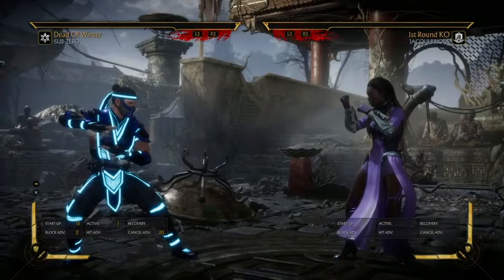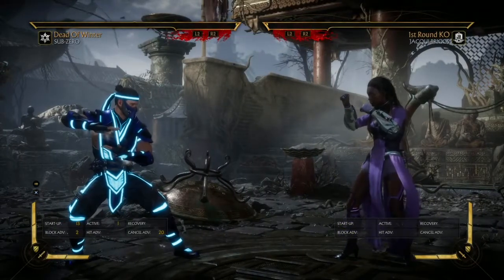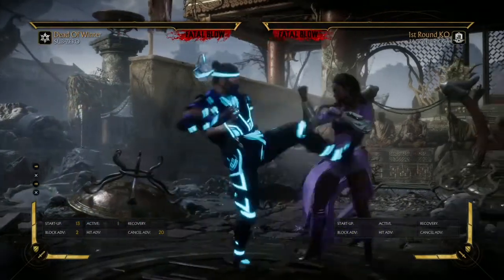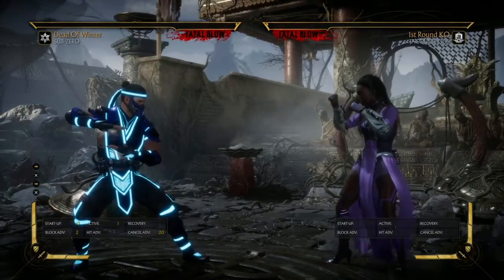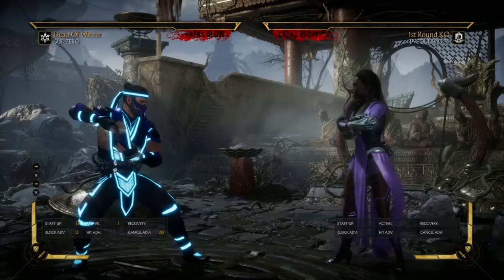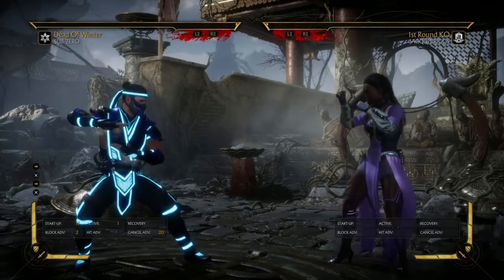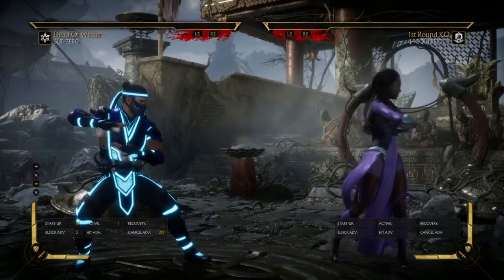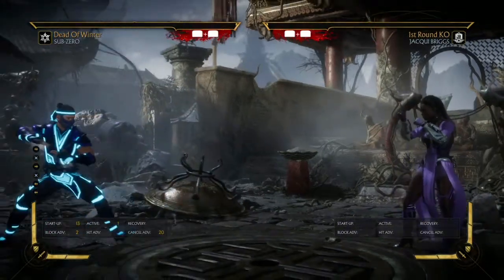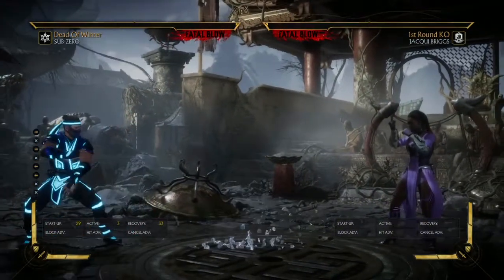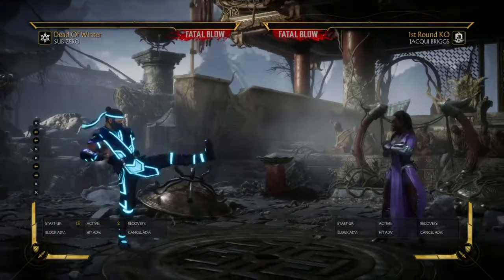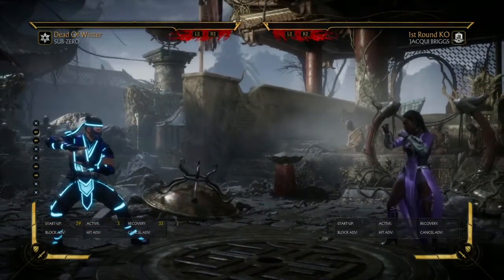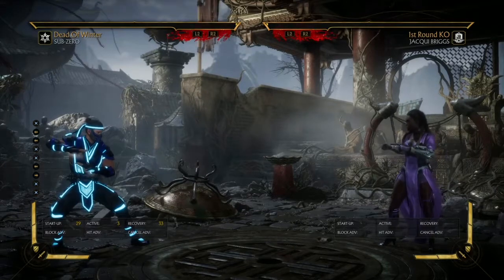So, as you can see, standing free on block says 2 plus, but it says cancel advantage is 20 frames. Now, if you see the startup of the second part, startup frames is 29 frames.